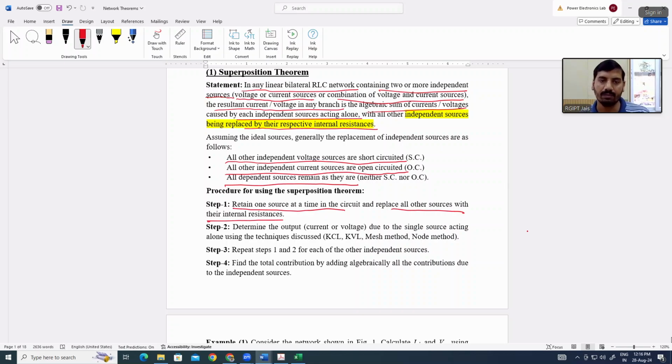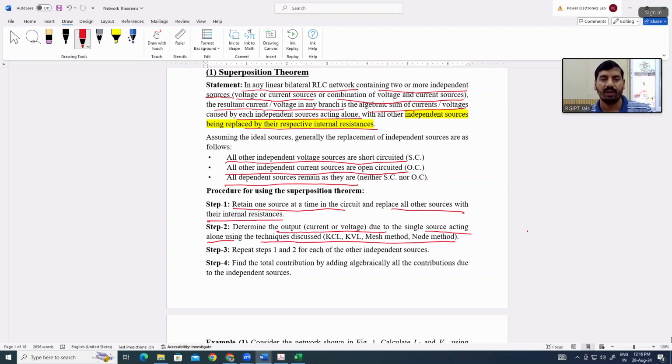Then in step 2, we have to determine the output, that is voltage or current value, due to the single source acting alone using the technique discussed earlier. That is, you can use either KVL, KCL, mesh analysis or node method.